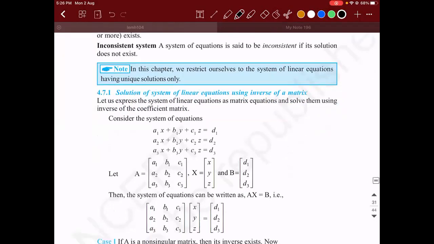Guys, suppose I'm giving you a question like this: 2x plus 3y is equal to 5, 5x plus 3y is equal to 6, something like that. I'm asking you to solve these 2 linear equations in 2 variables. You solve it and you're going to get the value of x and y, right? My question is, what is the significance of it? What do you mean by that x and y?